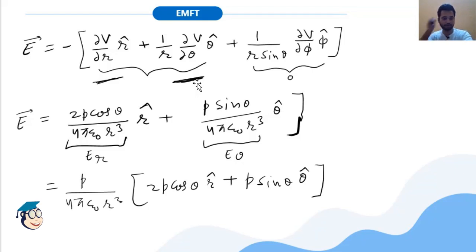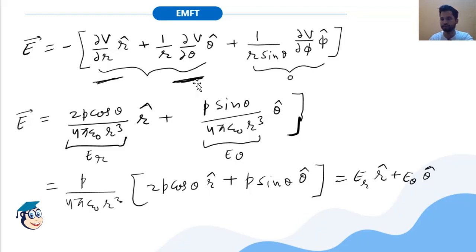So this is the electric field in the spherical polar coordinate system, and it can equivalently be written as E_r r cap plus E_theta theta cap, where E_r and E_theta are already defined in the above expression.